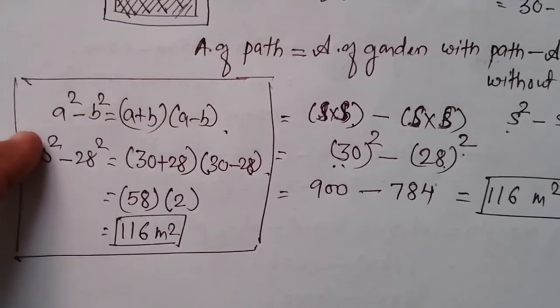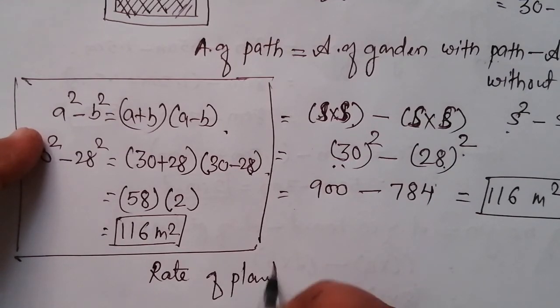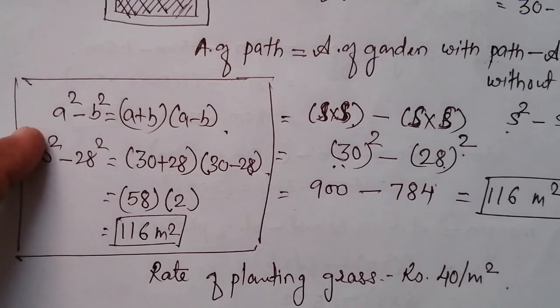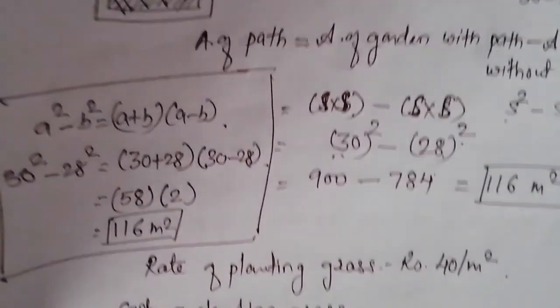Now here the rate of planting grass is given, right? The rate of planting grass is equal to rupees 40 per meter square. Now here you have to find out the cost of planting grass, which is area multiplied by rate.